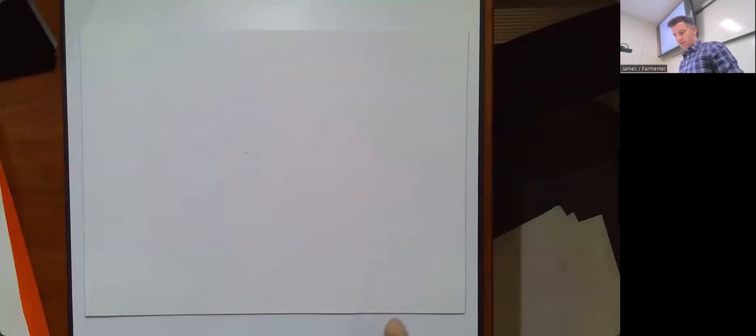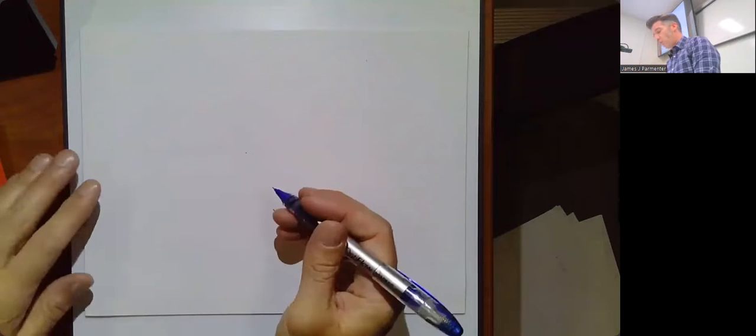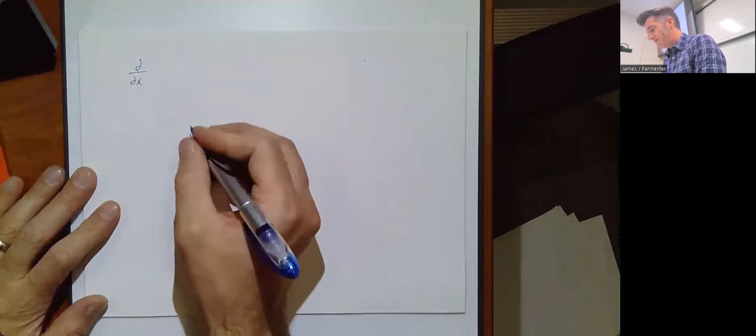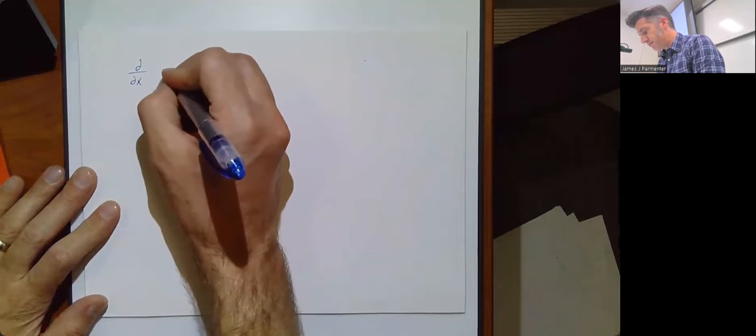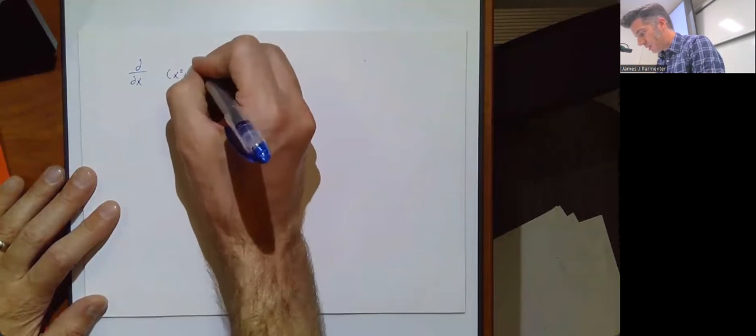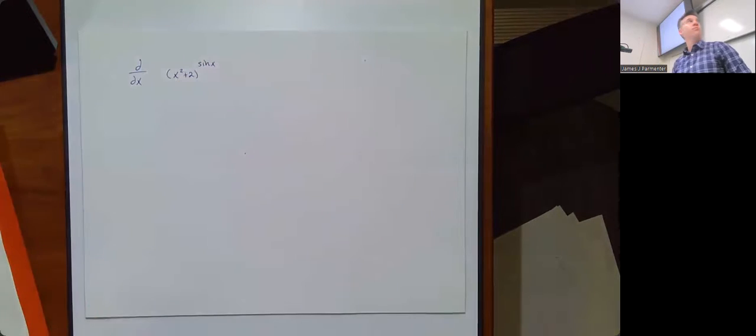All right, the last thing, and I definitely saw a problem like this on the next homework assignment. What if I want to find the derivative of x squared plus 2 to the sine x power?